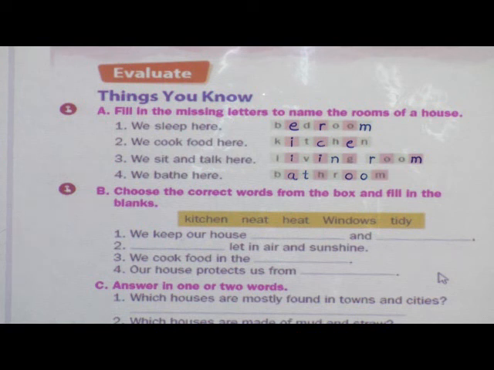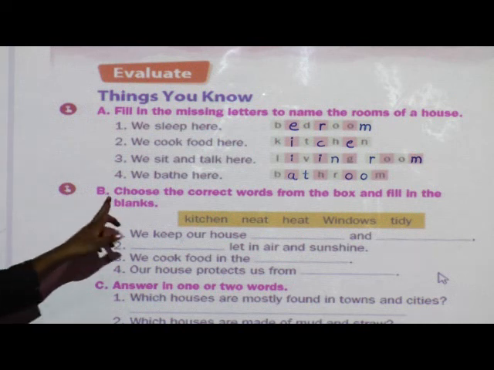Done. Once again I will repeat all the answers. See, first one, we sleep here, bedroom. We cook food here, kitchen. We sit and talk here, living room. We bathe here, bathroom. Next question. Done first one. So we will go ahead.